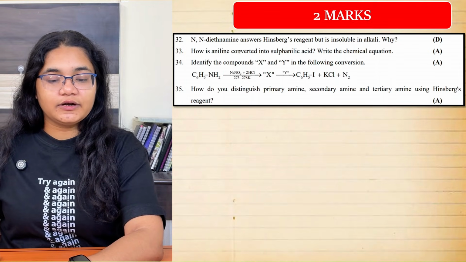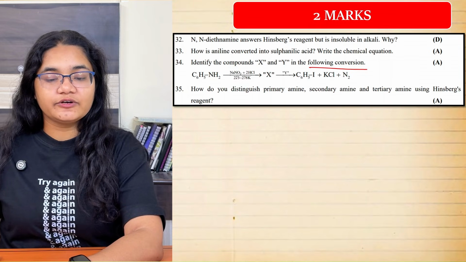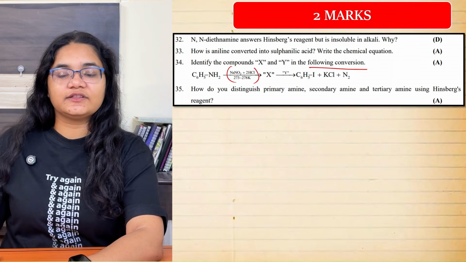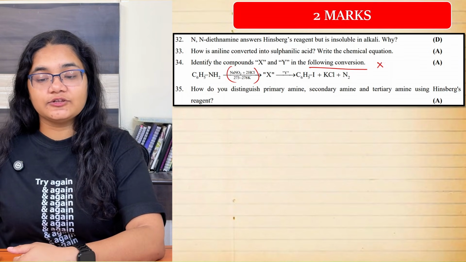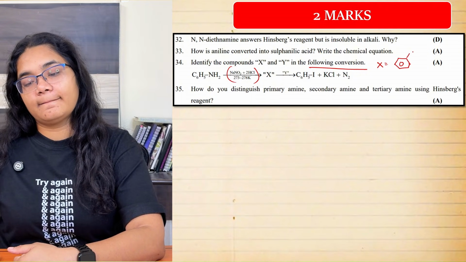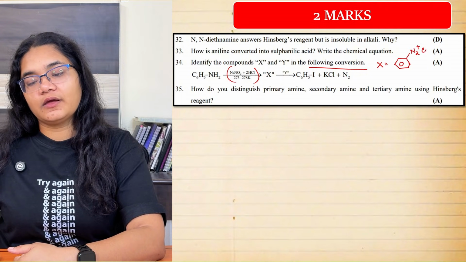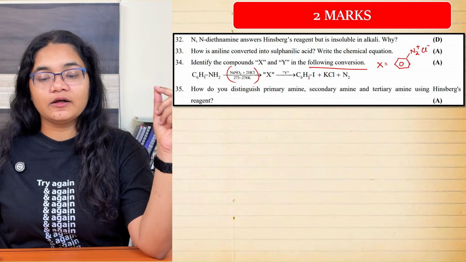Next, question number 34, identify compounds X and Y in the following conversion. First NaNO2 and HCl. This is diazotization, so X we will get here is this one, N2+ Cl-. Now after you treat it further, you get iodobenzene.